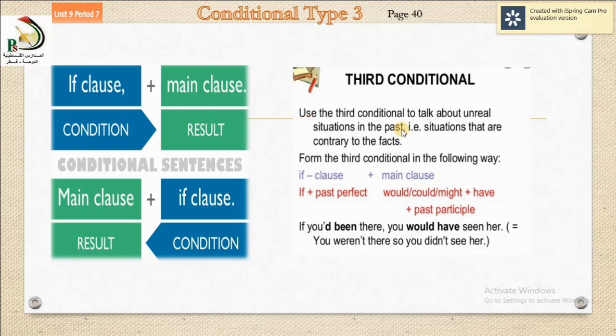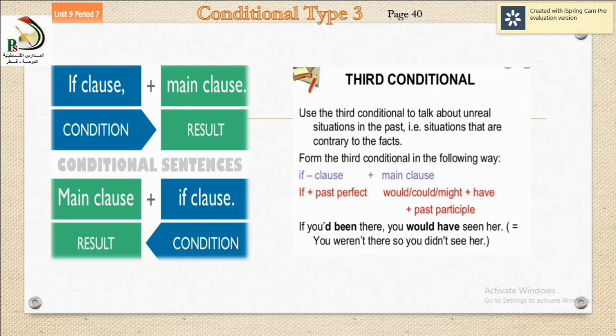The third conditional talks about unreal situations in the past. Unreal means we are just imagining. There is no existence of them. Situations that are contrary to the facts, yani that are totally opposite to the facts, yani that did not happen.